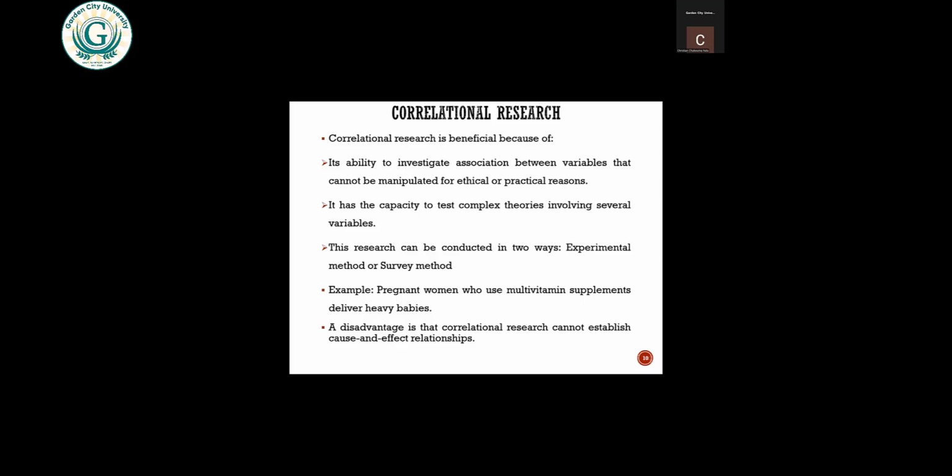So when you can't manipulate some variables you are using in your study, you will tend to use correlational study. So its ability is that it is able to investigate association between variables that cannot be manipulated for ethical or practical reasons.